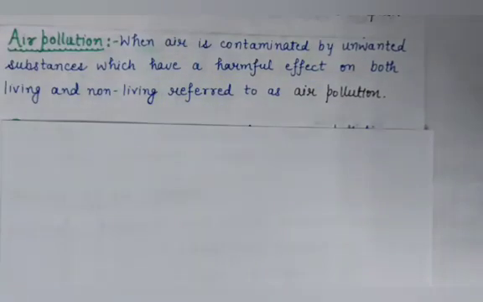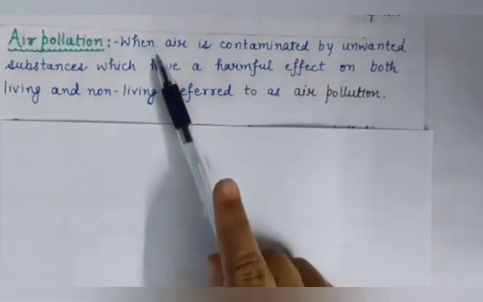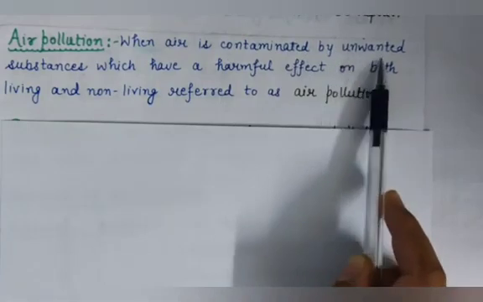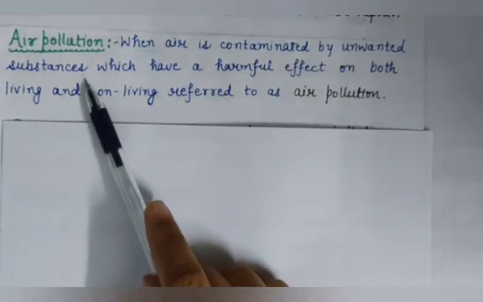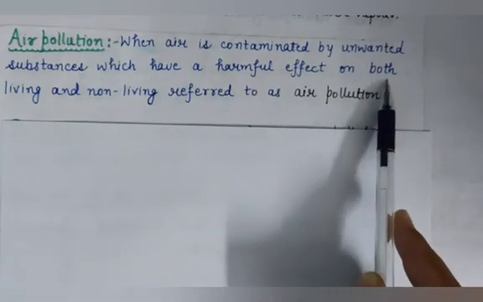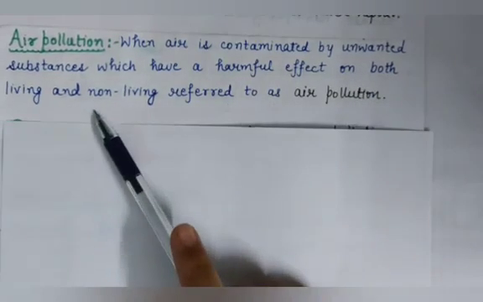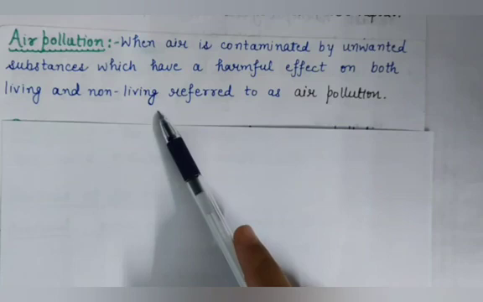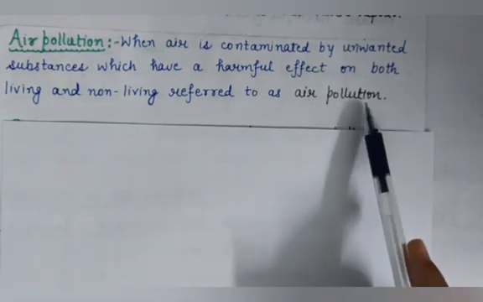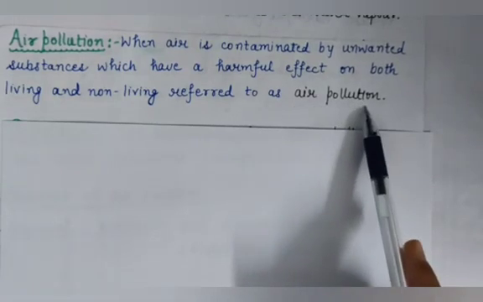Now, what is air pollution? When air is contaminated by unwanted substances which have a harmful effect on both living and non-living, then it is referred to as air pollution. Now, what does it mean?